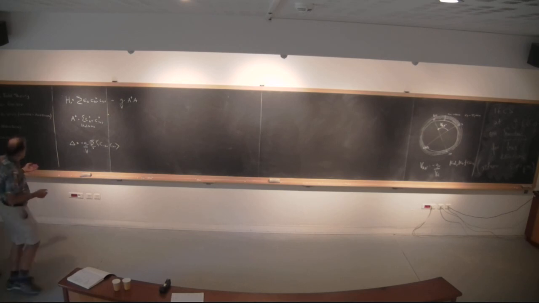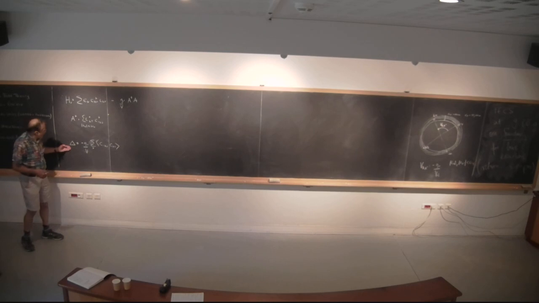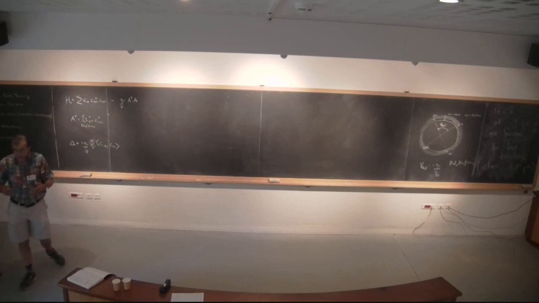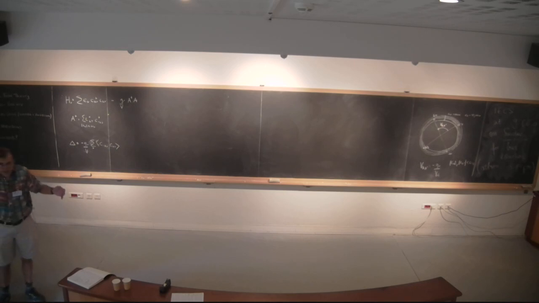Okay? So this is a field that is intensive, but it affects all the electrons. And so as a result, when it fluctuates, when the long wavelength part fluctuates, that causes an extensive change in the energy, an extensive change in the action.